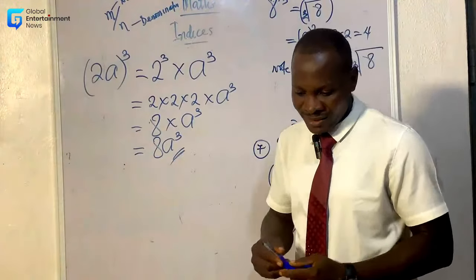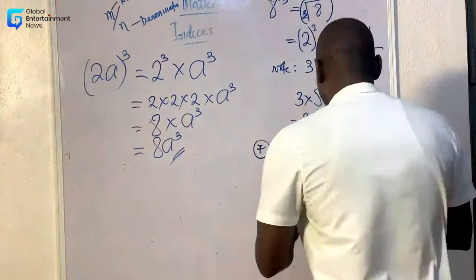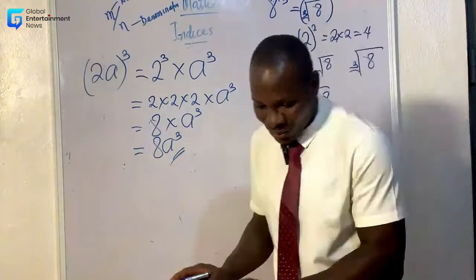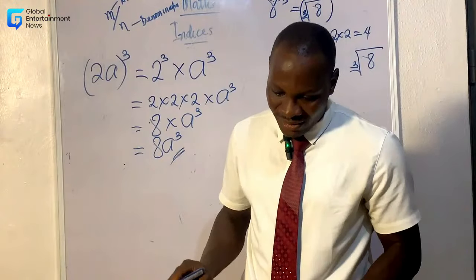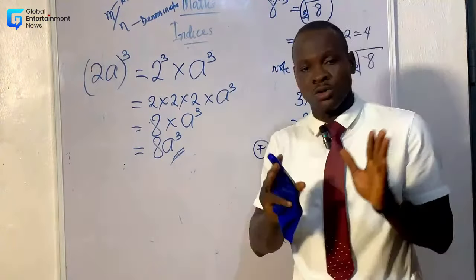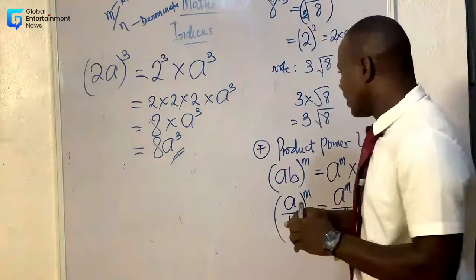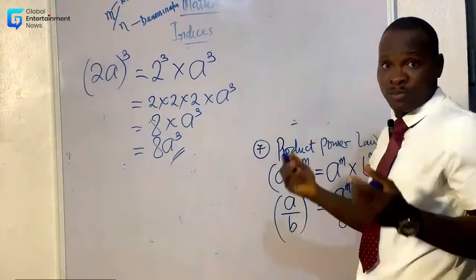That is that. And I want you to note something, please. This particular law does not function with the addition and the subtraction rules. Please take note of that. People make mistakes with that.